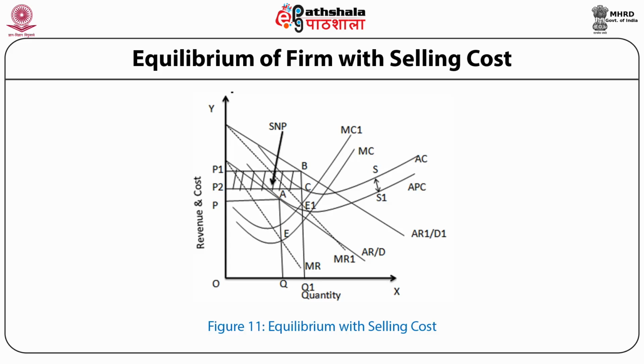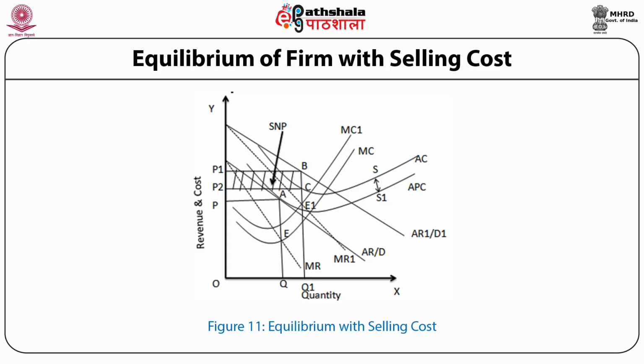To increase profit, the firm incurs selling cost. Due to it, the demand curve shifts upward, so the new average and marginal revenue curves are AR1 and MR1. Cost curves also shift upward. Now AC and MC1 are the average and marginal cost curves.